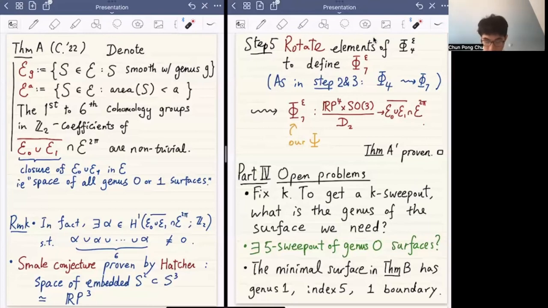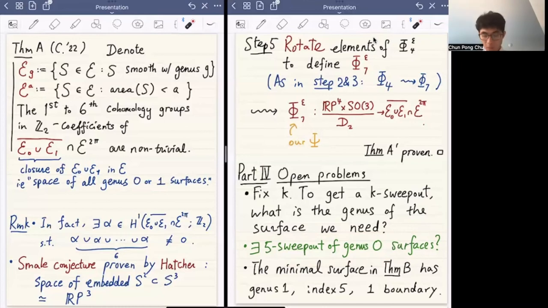For example, one can also ask, does there exist a 5 speed bump of genus 0 surfaces in B3? Of course, we allow finitely many singularities here.